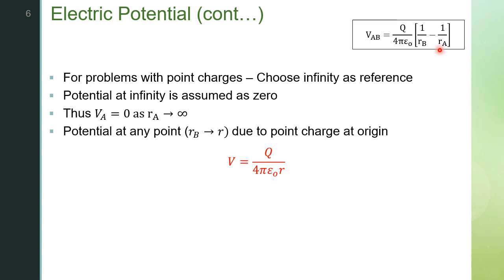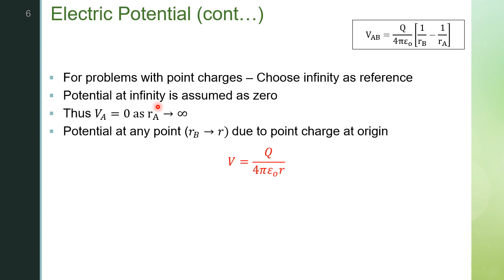So when we are considering point charges, we can choose infinity as the reference. That is, instead of taking a point as a reference, we are taking infinity as a reference. If point A is made to be at infinity, 1 by infinity gives 0. Therefore, the potential at point A will be equal to 0 as RA tends to infinity.